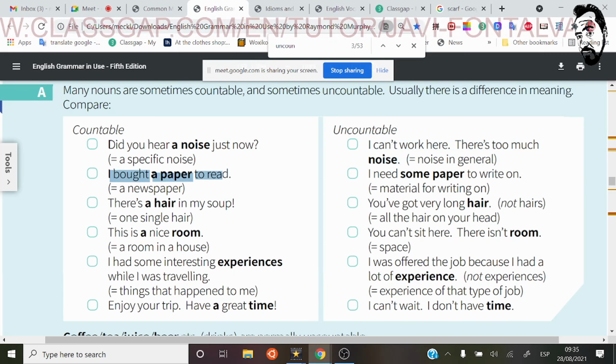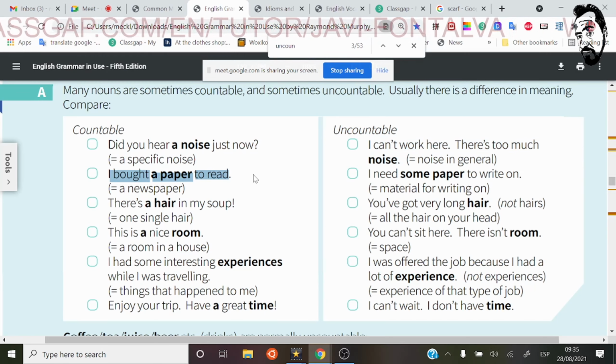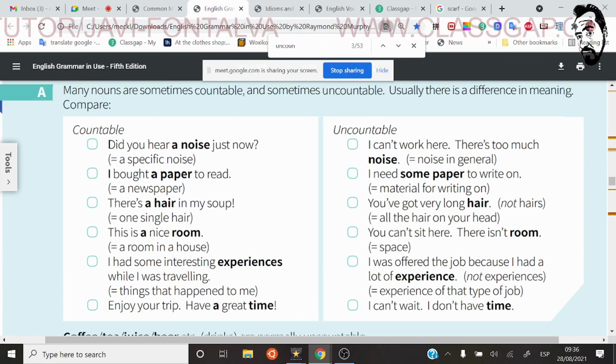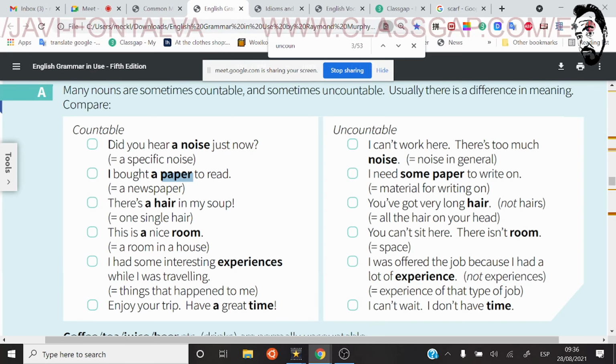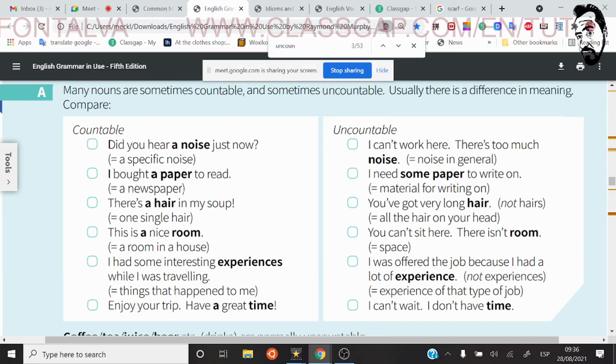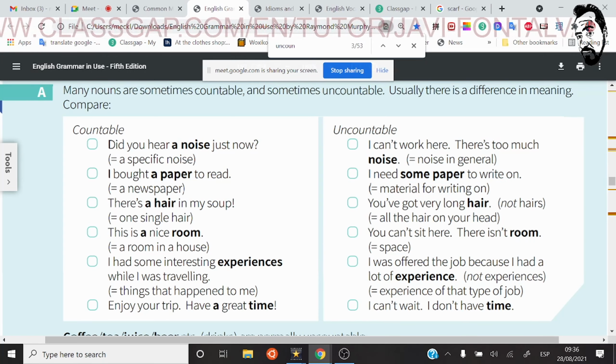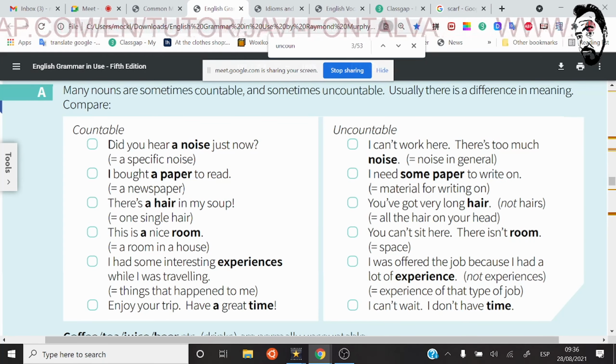Okay, next one. Can you read this? I bought a paper to read. Okay, so a paper. When I say a paper, I mean a newspaper. So here it is countable. Can you read this one? Paper to write on. Okay, when you talk about the material, it's uncountable.